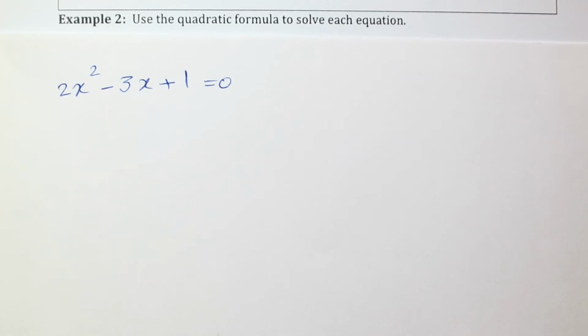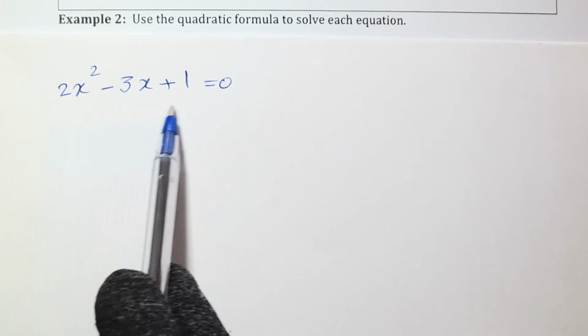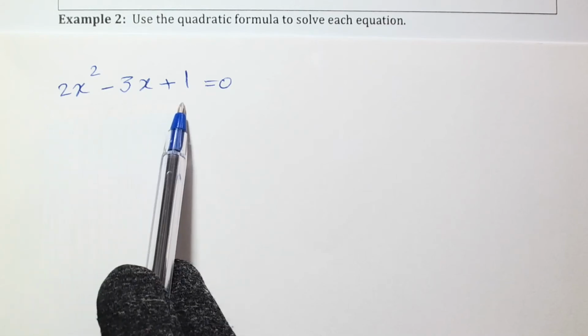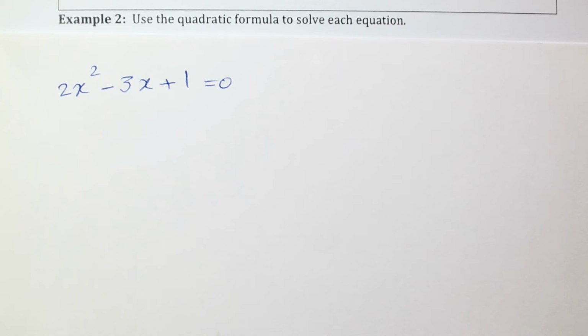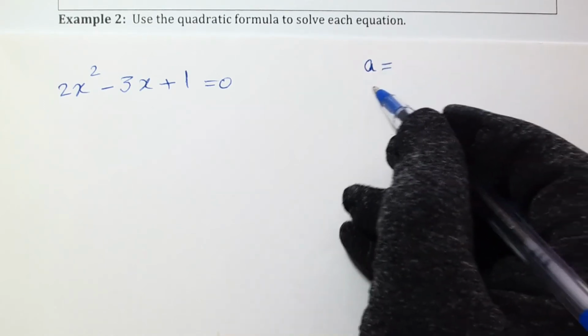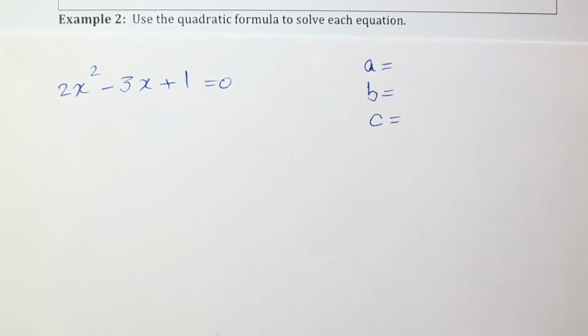Let's solve this quadratic equation using the quadratic formula. First step, you need to make sure all terms are on one side of the equation. You see all three terms, we have them on the left side of this equation. Now you need to find what is a, what is b, what is c, these three constants.